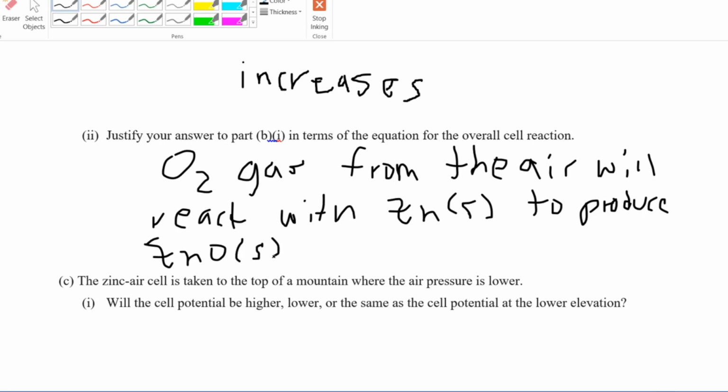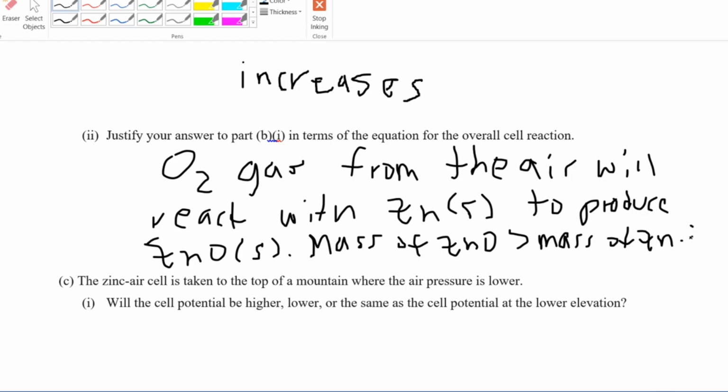Hopefully that's correct, zinc oxide. And then I think it should be obvious that the mass of zinc oxide is greater than the mass of zinc. Therefore, the weight increases. Great.